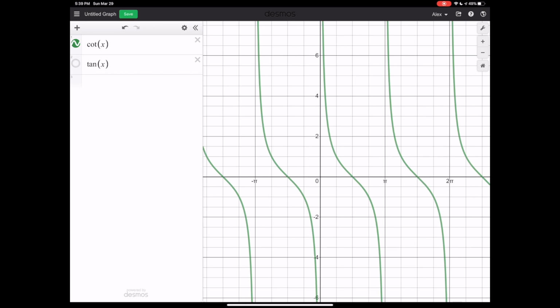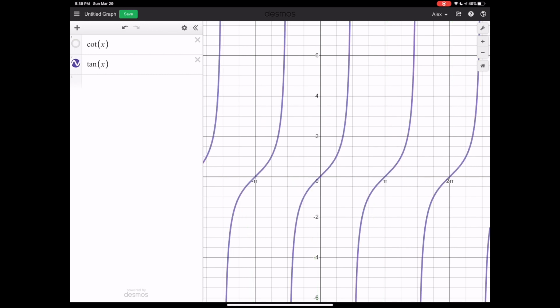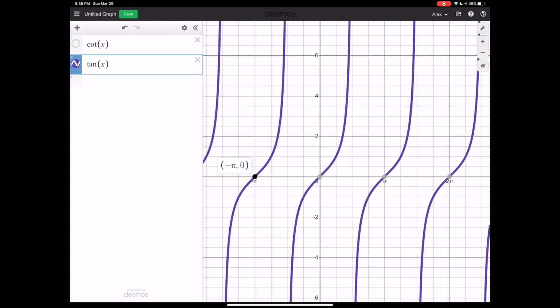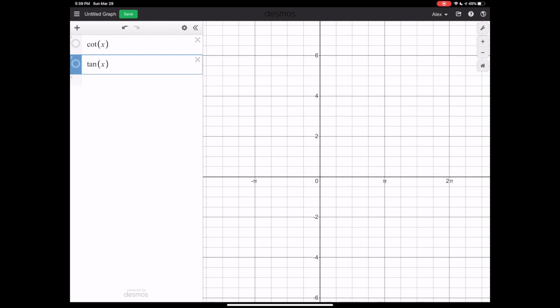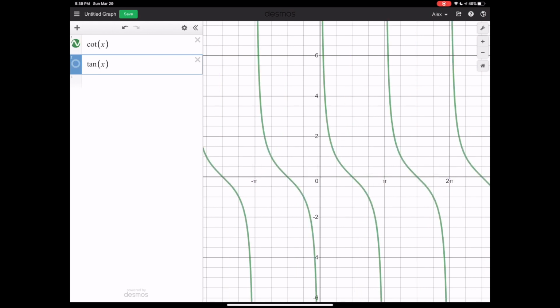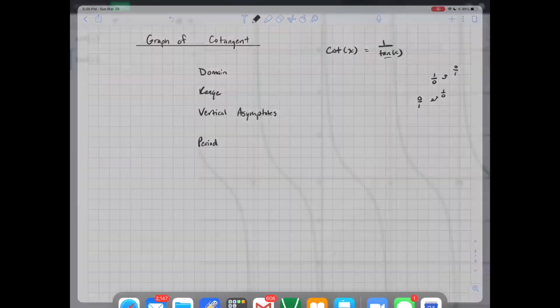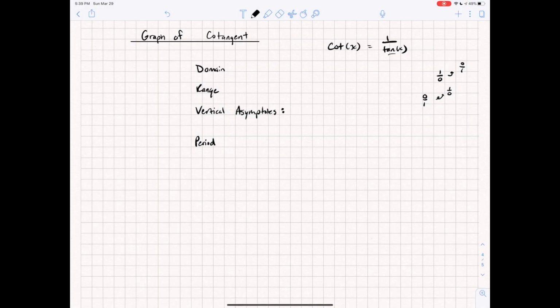Not only that, if you remember, tangent crosses at pi's and zeros. Well, look at where cotangent does not exist at, pi's and zeros, because that's where my vertical asymptotes are. So my vertical asymptotes for cotangent occur at every 0 and every pi.